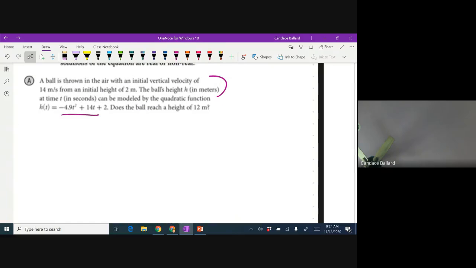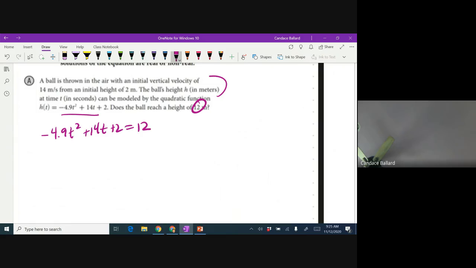So first of all, I'm going to set this height equal to 12. The height equation equals 12. In order to solve a quadratic, what does it have to be equal to?